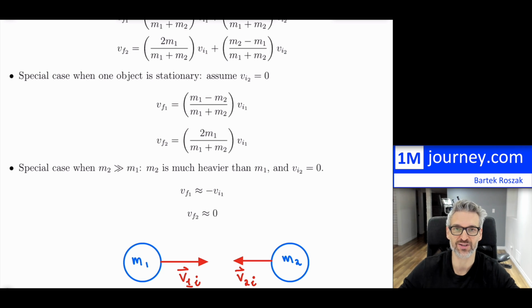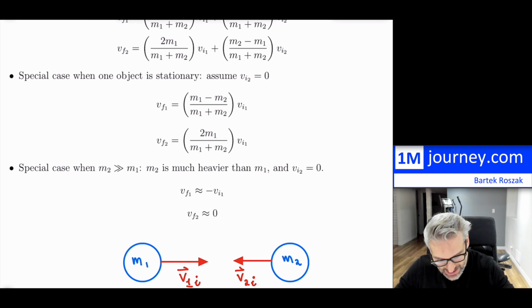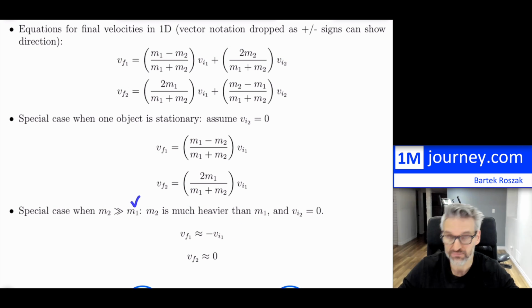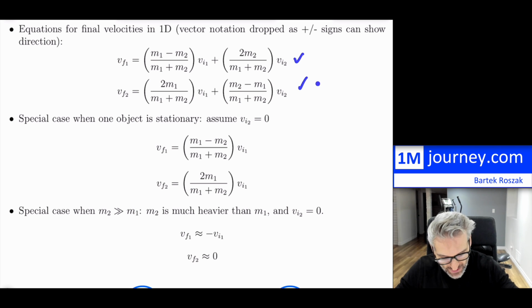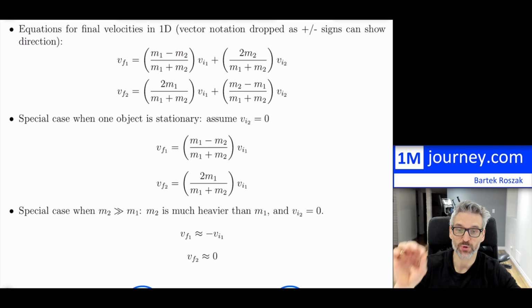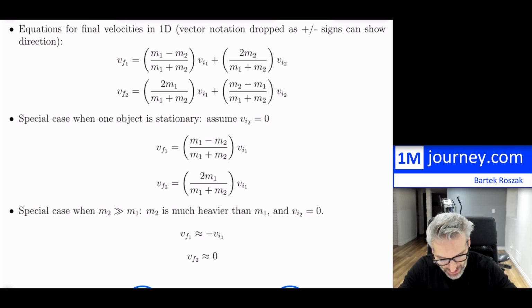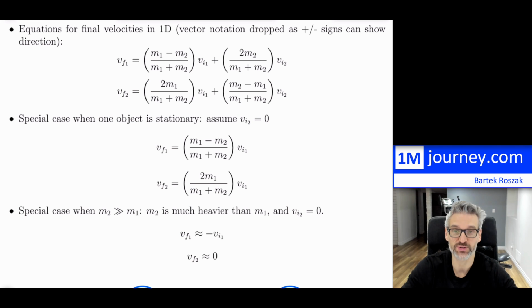Let's say you throw a tennis ball at it, the tennis ball is just going to bounce back and nothing's going to happen to the truck. So you can see that if this one is much heavier than this one, or vice versa, it doesn't matter, then these two equations nicely lead you into this. So I'm going to come back to that, all right? We'll come back and show this right afterwards.